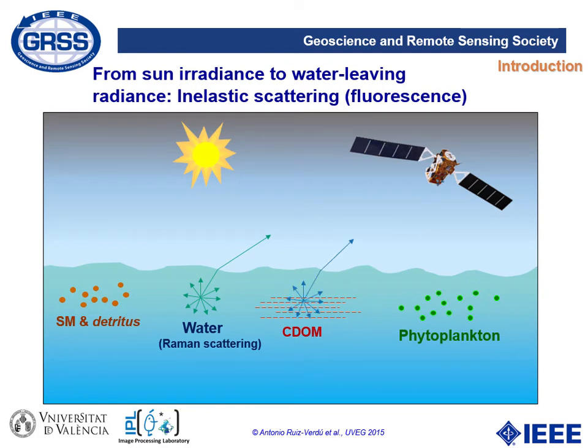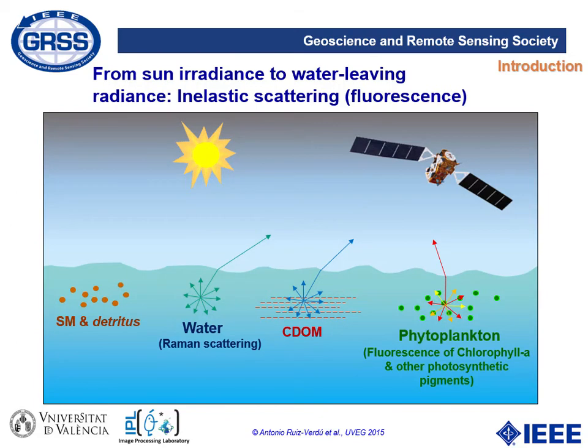Also, CDOM can produce fluorescence. Basically, both water and CDOM emit fluorescence in the blue wavelengths, while phytoplankton, basically due to the chlorophyll A fluorescence, but also the two other photosynthetic pigments, also emit fluorescence, and in this case the fluorescence is emitted in the yellow and basically in the red wavelengths.